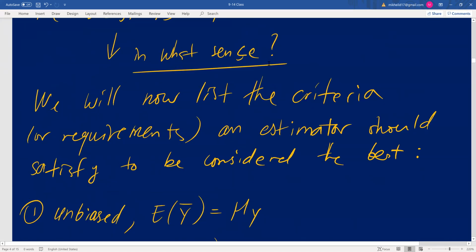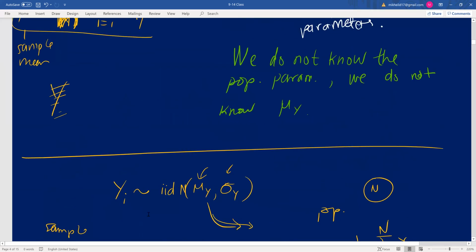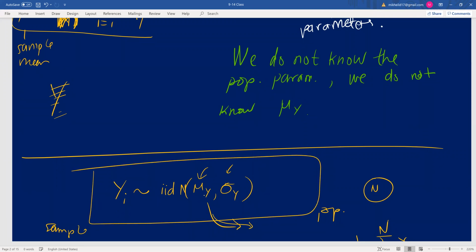Because we started from the assumption that the expectation of any of the yi is mu of y. And I said, this is our starting point. Did not I say that? The expectation of any yi, this is y15 or y16 or whatever, is mu of y by assumption.